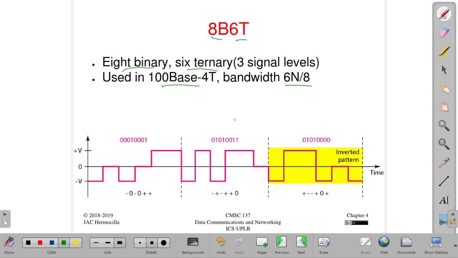Here's an example for this bit pattern. We have 1, 2, 3, 4, 5, 6 signal elements to represent this, and we have 3 signal levels, negative, 0, and positive. For this bit pattern, we have this combination.